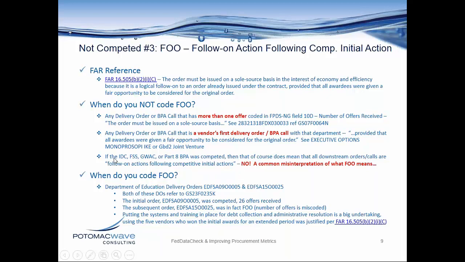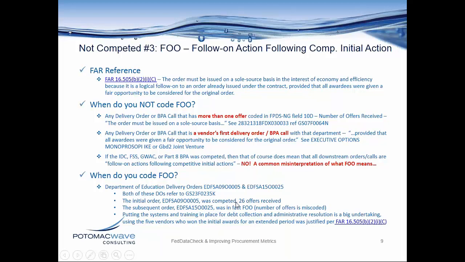So what's going on here is if the IDC, FSS, GWAC, or Part 8 BPA was competed, then that, of course, means all the downstream orders and calls are follow-on actions following competitive initial actions. No. That's a common misinterpretation of what FOO means. It somewhat flows from the language, but that's the wrong thinking.